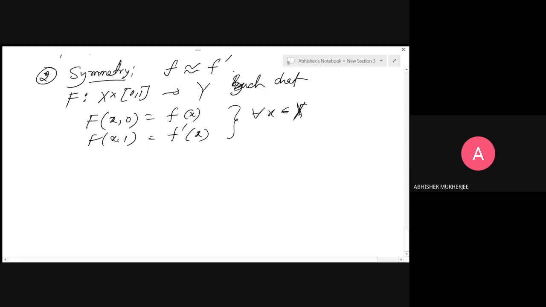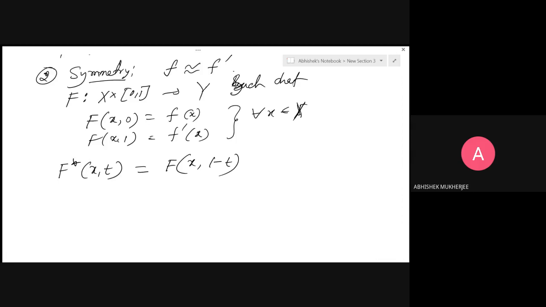Now, our aim is to show that there is a map G from X × [0,1] to Y with the property that at time 0, G(x,0) is f dashed(x) and G(x,1) is f(x). The natural map is to make it reverse, that is, t goes to 1 minus t.